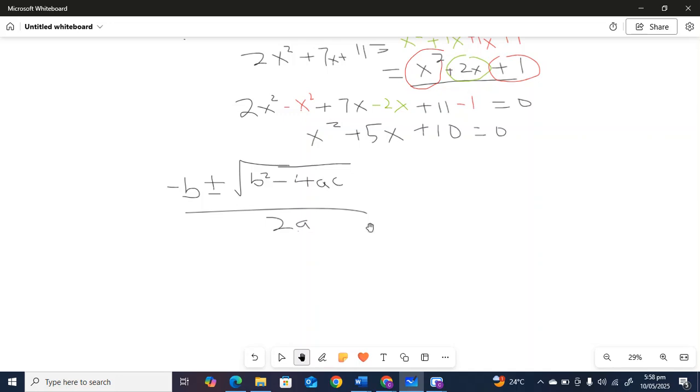Not all quadratic equations can be factorized. So the formula is the one which always works, basically, or most of the times it works. So what is our B? What is our A? What is our C?